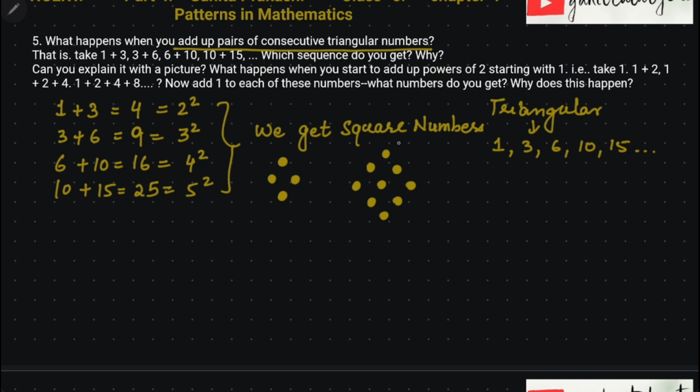So here the upper part is 3, the lower part is 6. So we get a square, 3 square is 9, right?